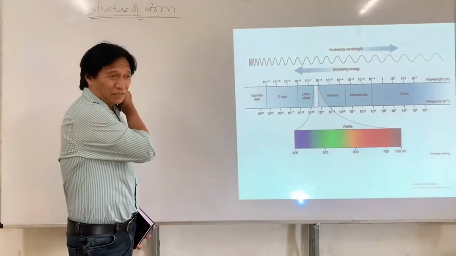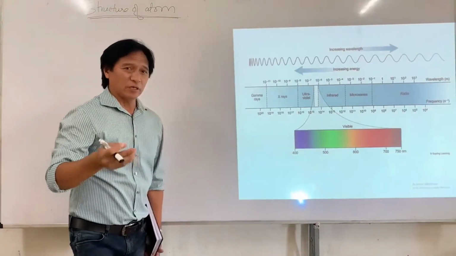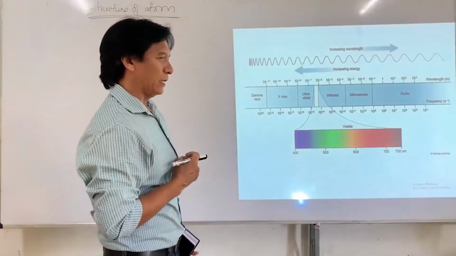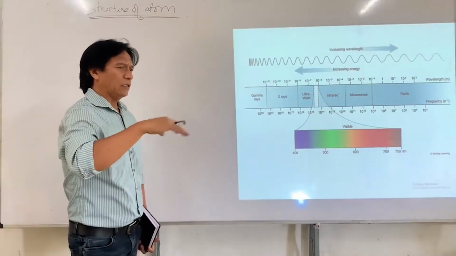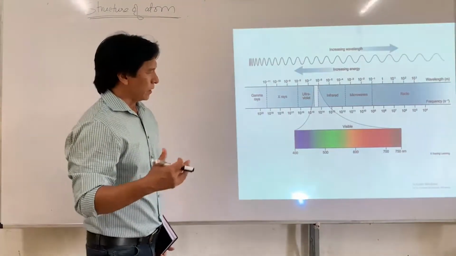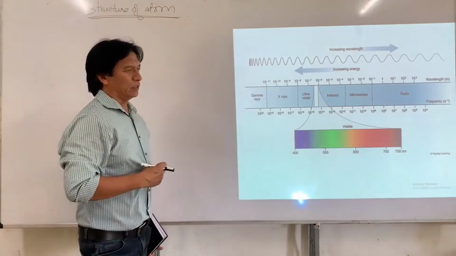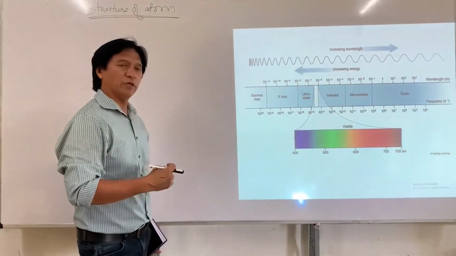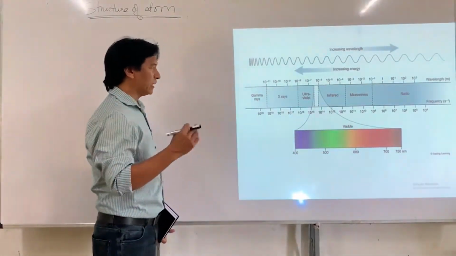You've seen that these radiations can be identified with their properties, like wavelength, frequency, and wave number. Combining these, you've seen that all these radiations, called electromagnetic radiations, travel with the same speed in vacuum, that is the speed of light, which is 3.0 × 10^8 meters per second.